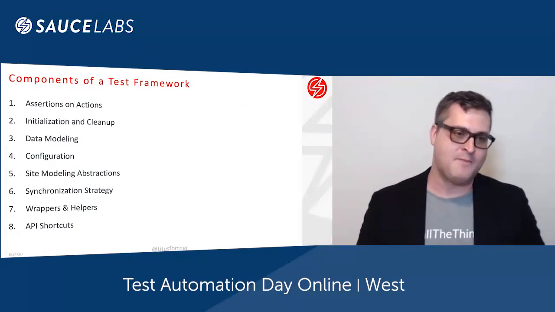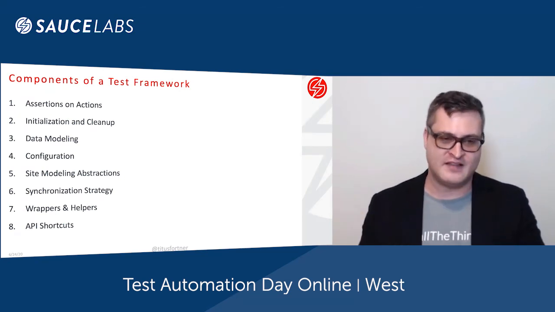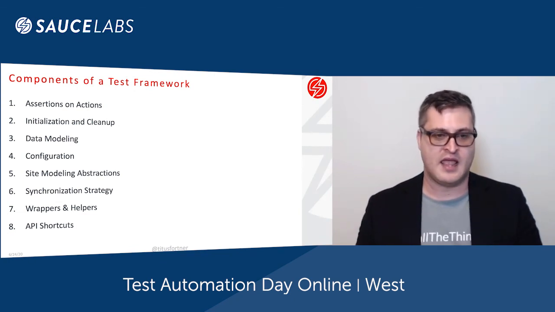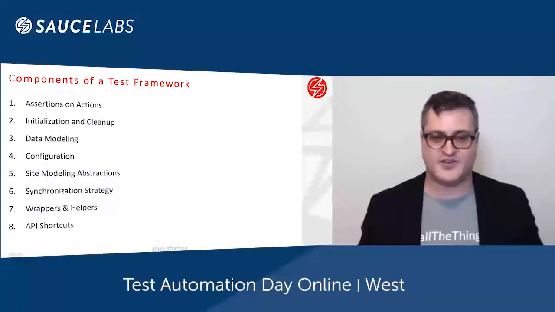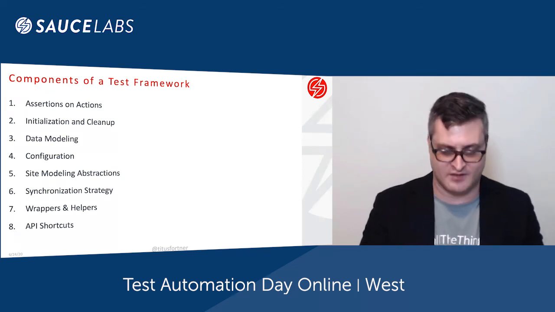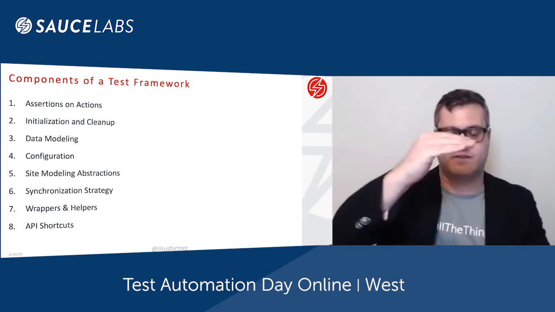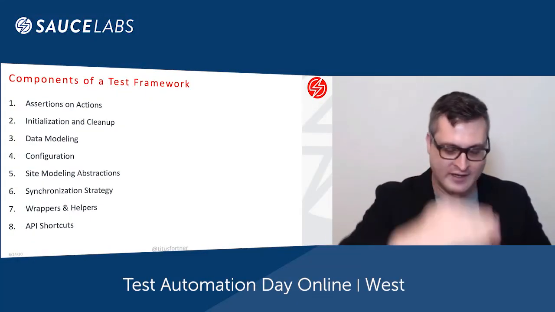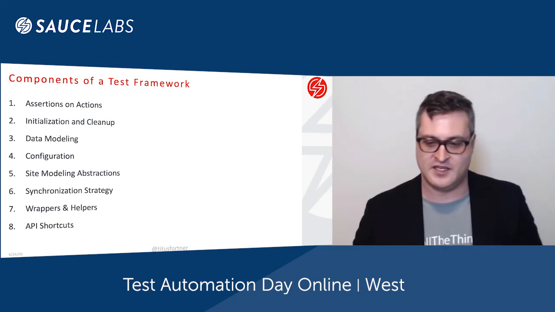And APIs are a great way to set up state and to validate the results of actions taken in the UI. And just understanding what things can be done. So I need an address to edit. I can use an API to create that address on the fly rather than either grabbing something that's already there or spending a lot of time filling out, locating, and sending information on each value. It's one call to the API rather than dozens of calls in the UI.